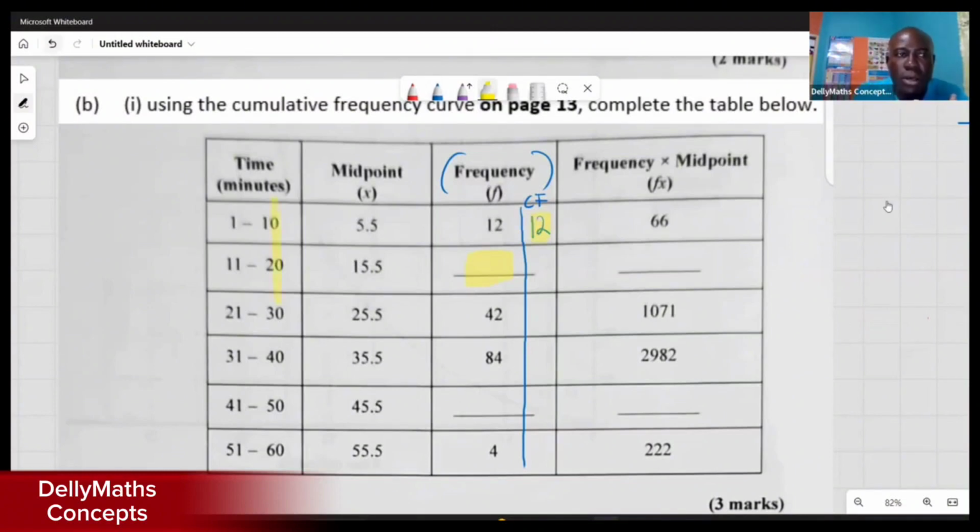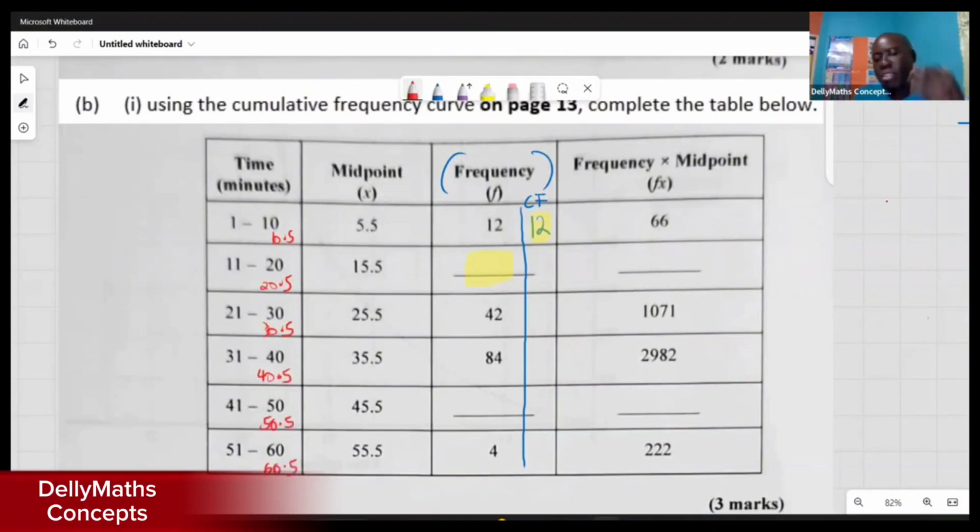But remember that the cumulative frequency curve we have there is the less than cumulative frequency curve, and it is done against the upper boundary, which means that we're using numbers like 10.5, 20.5, 30.5, 40.5, 50.5, and 60.5.